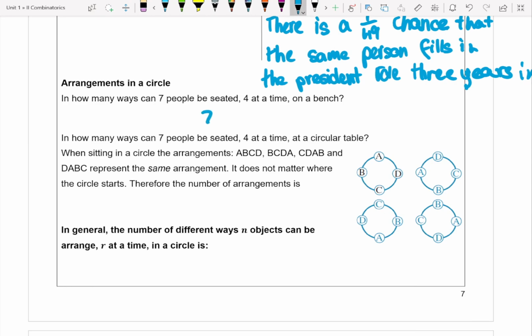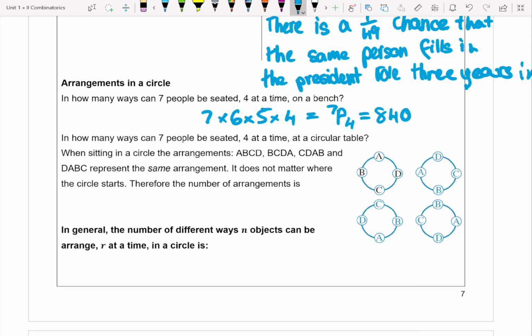You've got 7 options for the first one, 6 for the next one, 5 for the next one, and 4 for the last one. So 7 times 6 times 5 times 4 is going to be the same as 7p4, which is 840 ways. So we have 840 different ways 7 people can be seated at a bench.